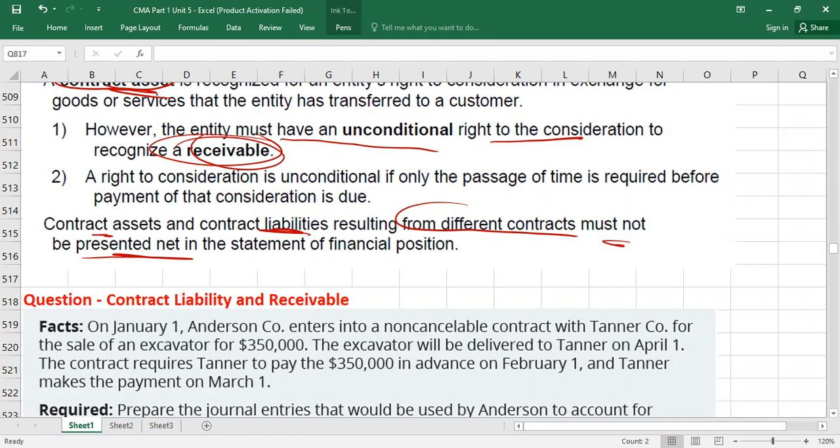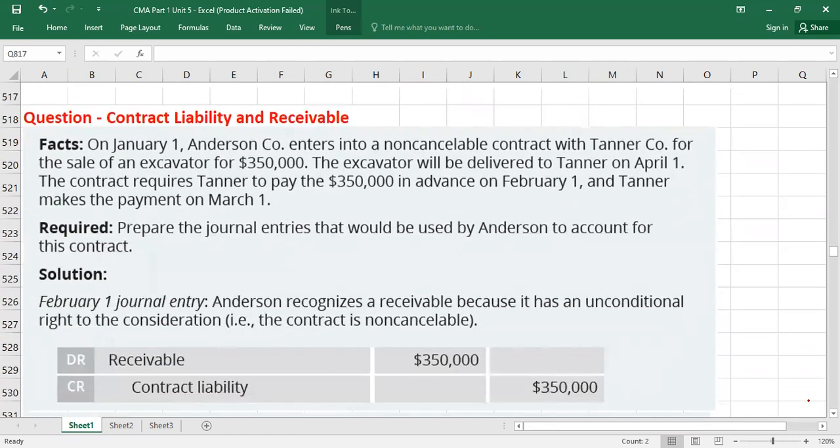Okay, so here we go. We have the first question. Question number 1, it's about entries. On January 1st, don't forget the dates, Anderson Company entered into a non-cancelable contract with Tanner Company for the sale of an excavator for 350,000.